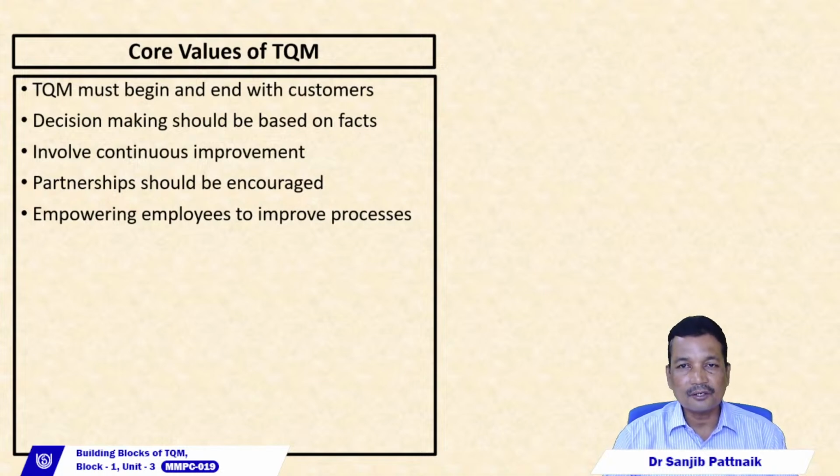So it may help other organizations or competitors to come up with further new innovations, and the original organization may lag behind. However, the total quality management says that there should be continuous improvement in the features of the product or services, be it in the process, be it in the skills of the employee. There is no stop to this continuous improvement.